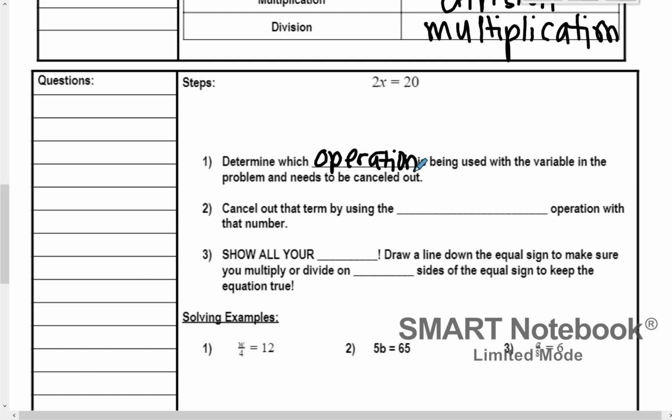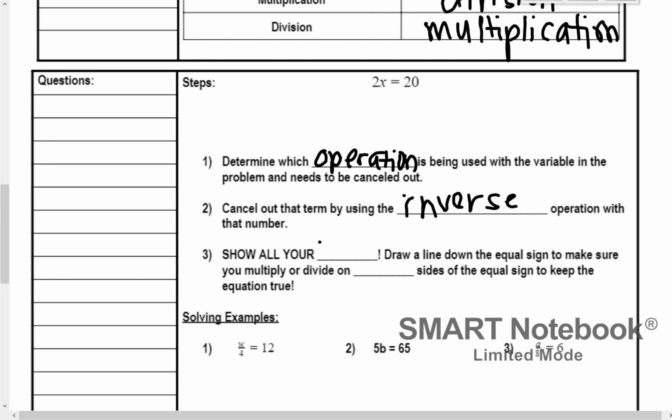Then we're going to cancel out that 2 by using the inverse or opposite operation with the same number that we're multiplying by. So whatever we're multiplying by is what we're going to divide by. Whatever we're dividing by in the problem, we're going to multiply by. Notice how in the problem we're multiplying by 2, so to solve it, we would divide by 2 because we want that 2 to cancel out.